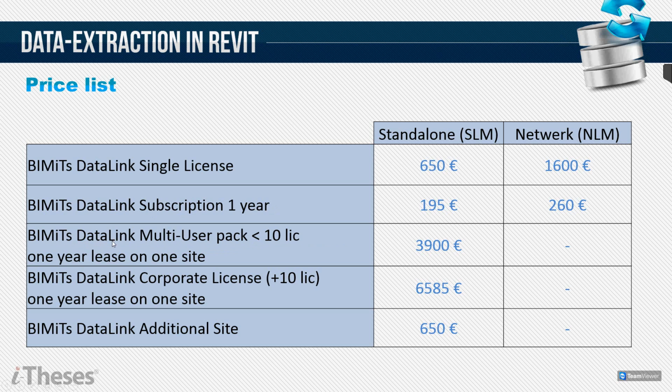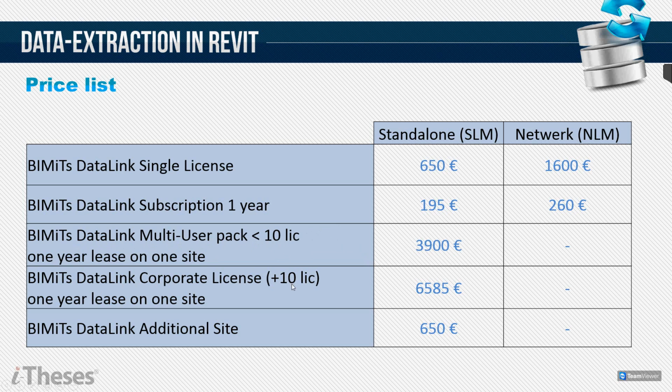We also have the possibility of multi-user packs. So if you want to buy 6 or 7 licenses, for instance, then it will be cheaper to go to multi-user packs. That means that you can buy or lease those licenses, up to 10 licenses, and this is the total price for 1 year.